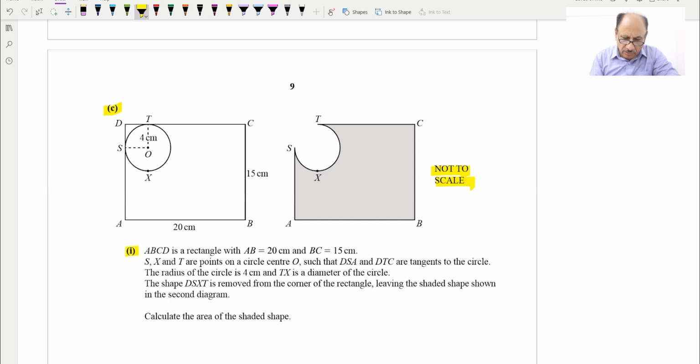C part, two diagrams are provided which are not to scale. They're saying part I, ABCD is a rectangle with AB equal to 20 and BC equal to 15 centimeter. This side is 15 centimeter.